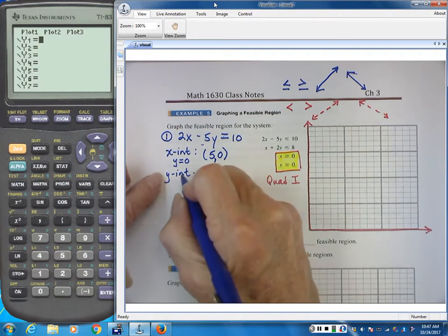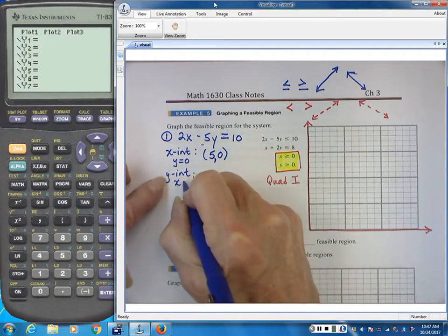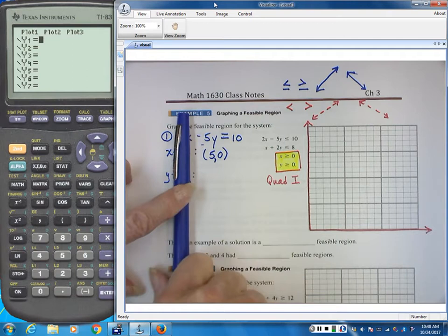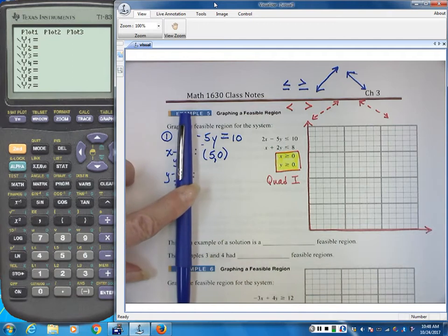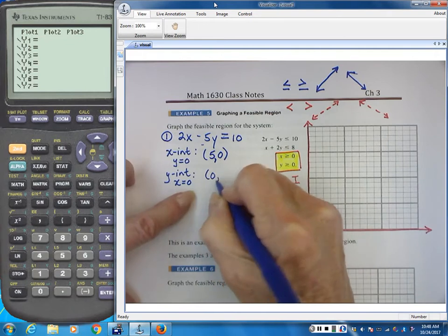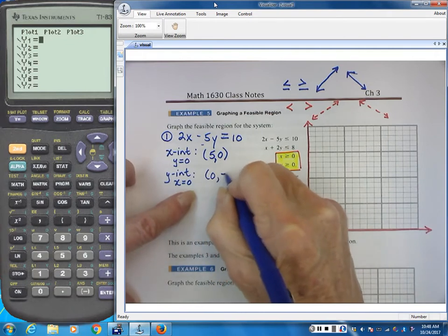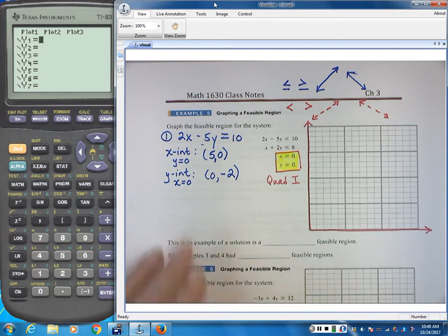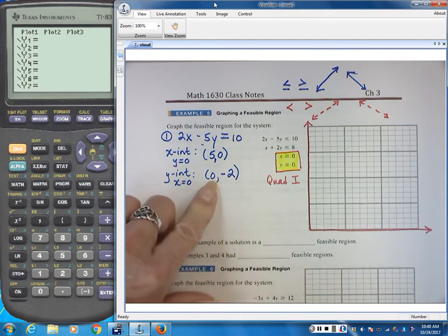We do the same thing with the y-intercept. We're going to let x be 0. That means if you cover up the 2x, you have negative 5y equals 10. And that means that if x is 0, y is negative 2, because 10 divided by negative 5 is negative 2. So then you don't have to remember anything about inequalities or flipping signs around. You go and you plot these 2 points.